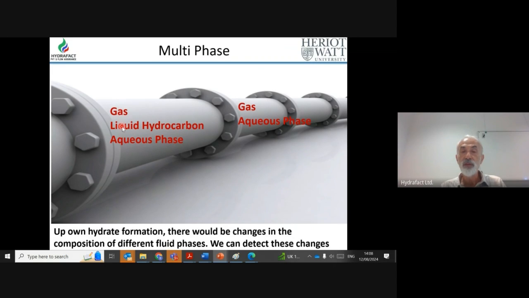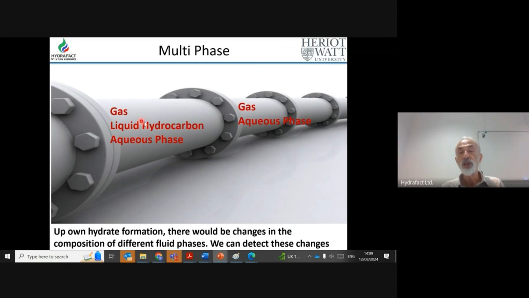So gas phase, liquid hydrocarbon, aqueous phase, or 2 phases, gas and aqueous phase. When hydrates form, heavy components with respect to hydrate formation go to the hydrate phase.